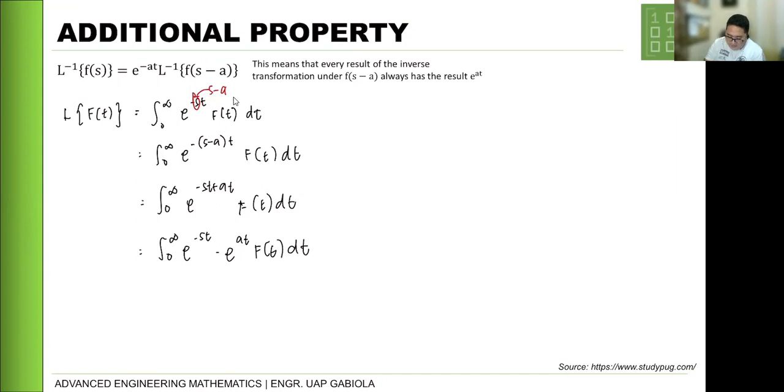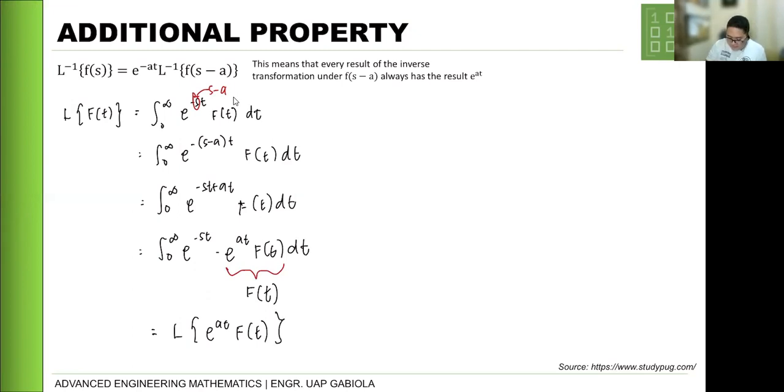So, if we look at this equation, we can actually represent it as the main function natin in terms of t, which is equivalent dito. So, meaning, itong value na to can also be L of e at f of t. Okay? So, that is an equivalent transformation nun.